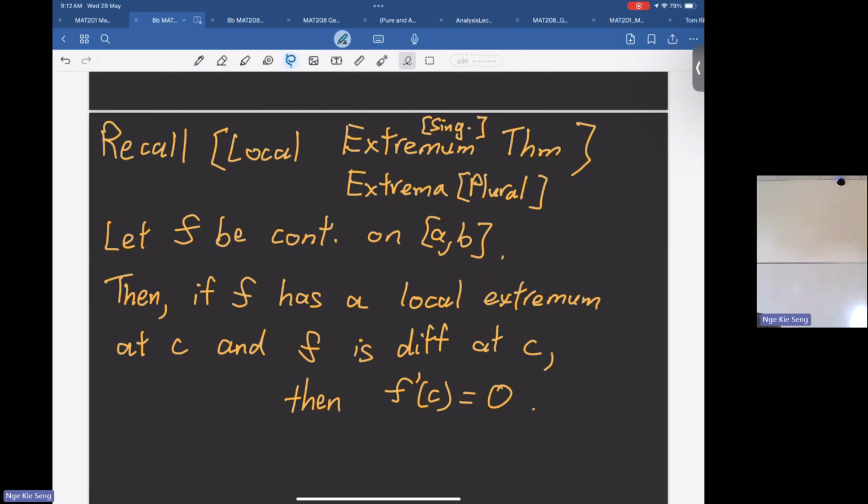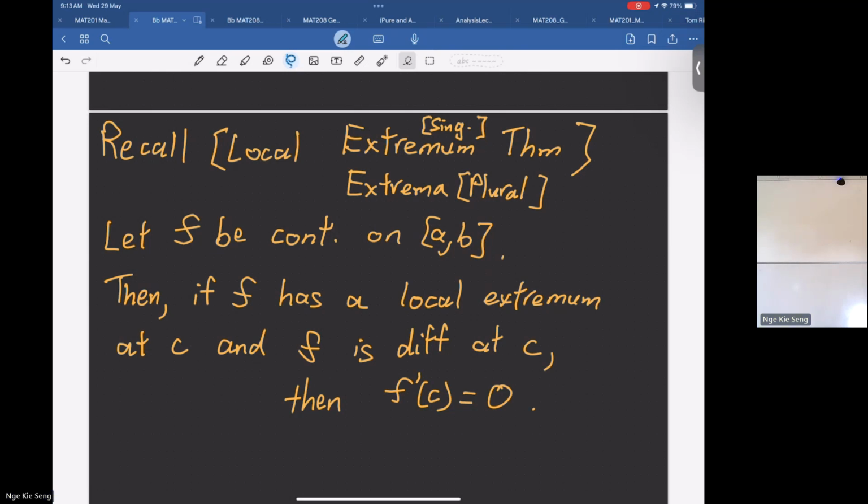Can you construct such an example? First you need to find a function that is not differentiable at that point, and then you need to prove that it is a local maximum or minimum.